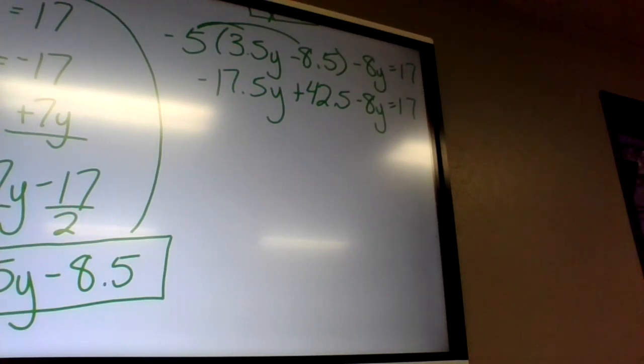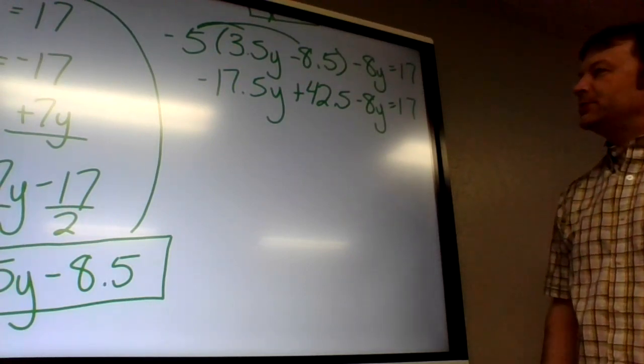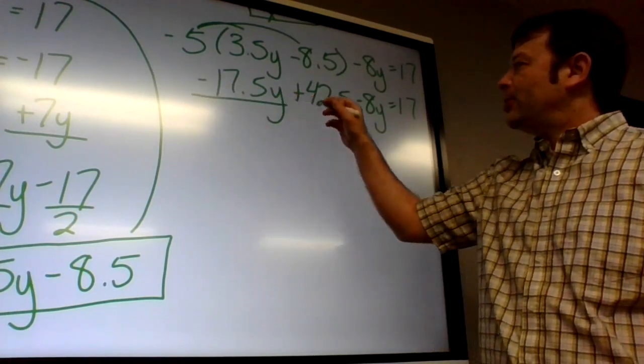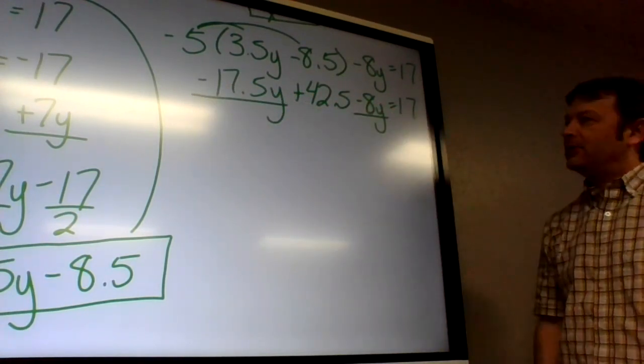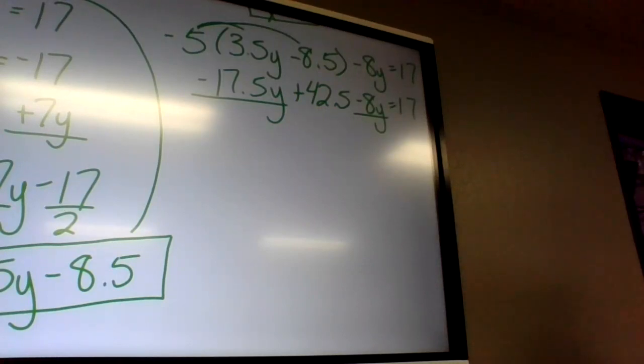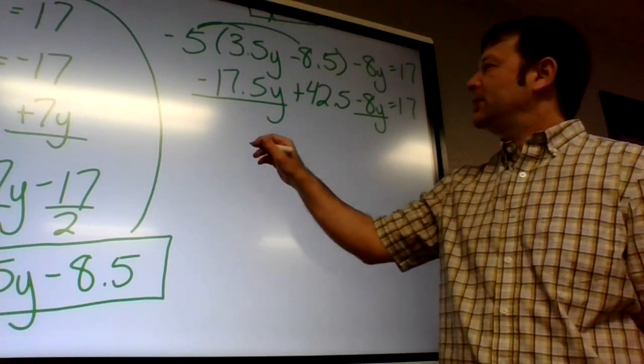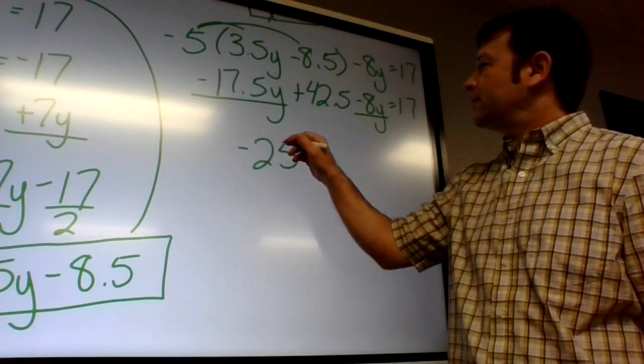Okay, either way, you're probably going to want to use your calculator, so it doesn't really matter if it's fractions or not. Okay, we got y's here. I'm going to put those together. They're on the same side. Negative 17.5 minus 8 is negative 25.5.